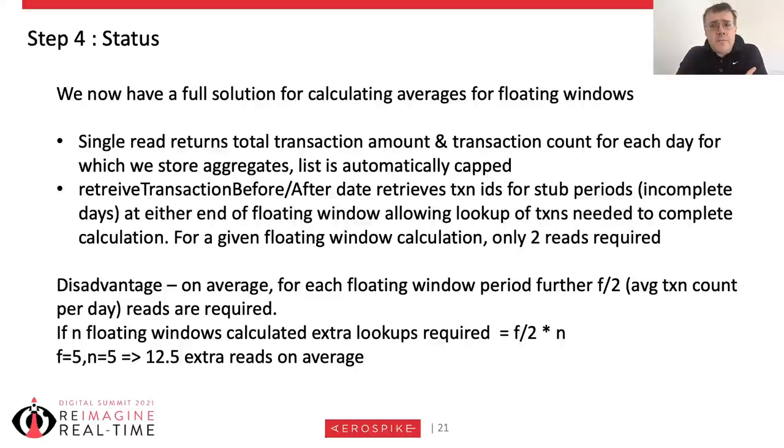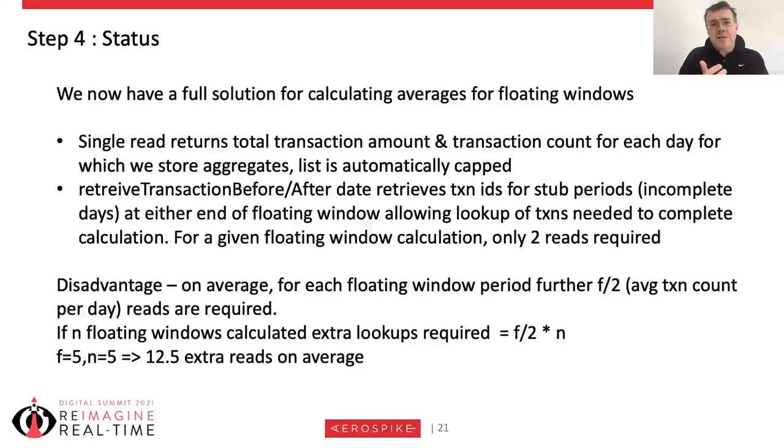If we plug some numbers into that, if n is 5 and f is 5, on average we're going to need to do 12.5 reads to pull in the transactions in the stub periods. I'm ignoring the stub period that corresponds to the current day. I'll come back to that. So 12.5 reads.